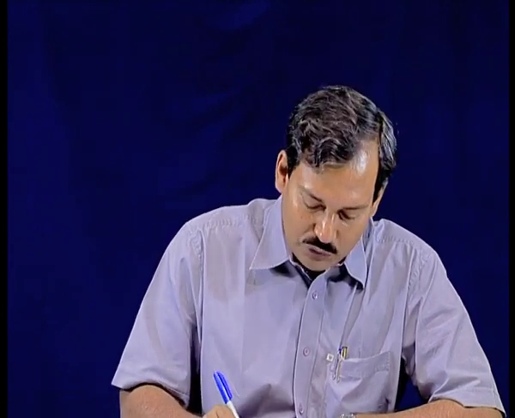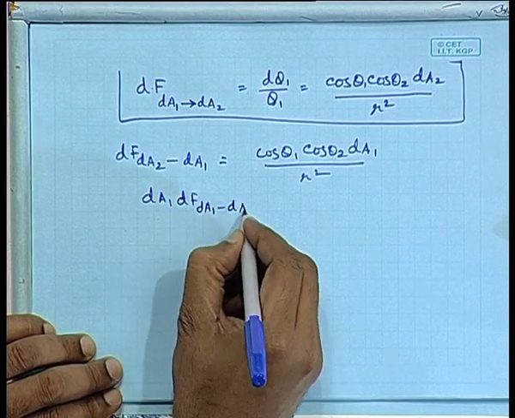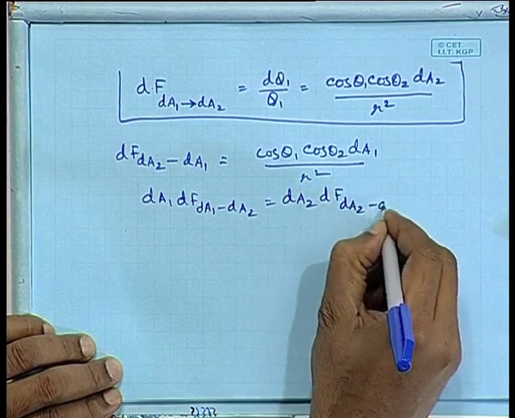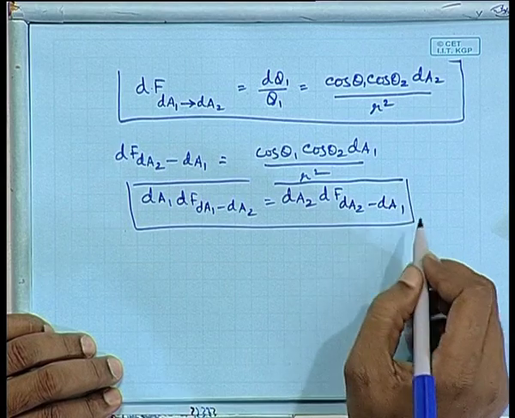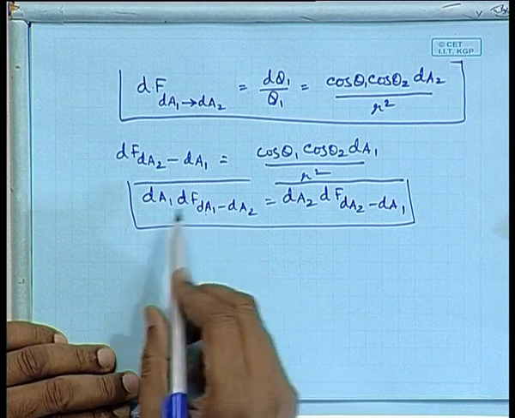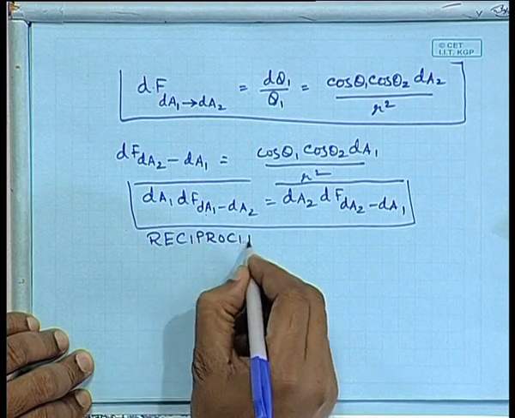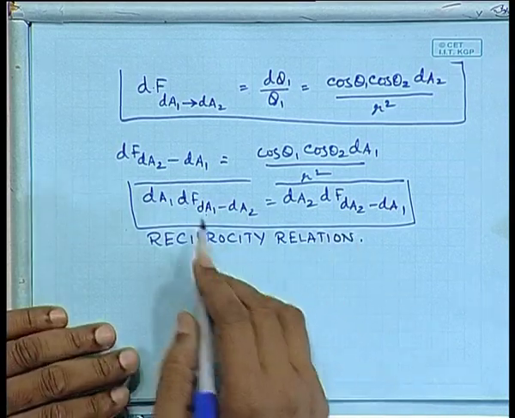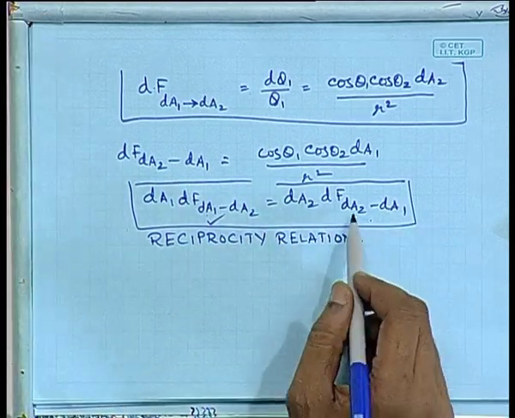So, if I do that, it is simply going to be this relation, which can be used if you know the area of the two surfaces we are considering and the view factor of one to the other. This relation is known as the reciprocity relation. So, that is straightforward. Knowing the view factor of one, the view factor of the other can be calculated.